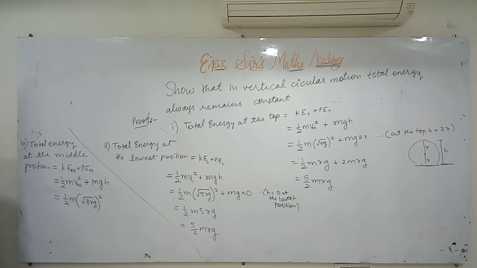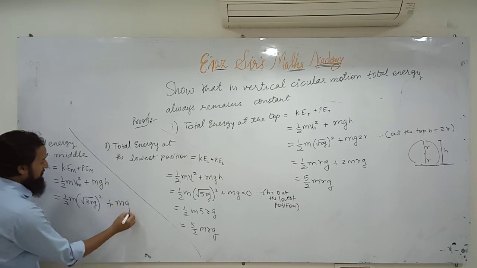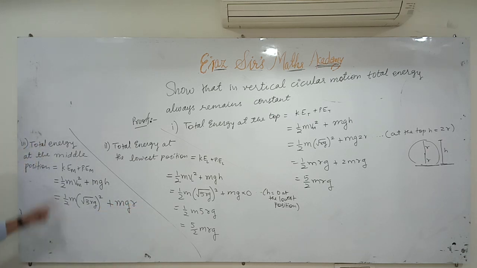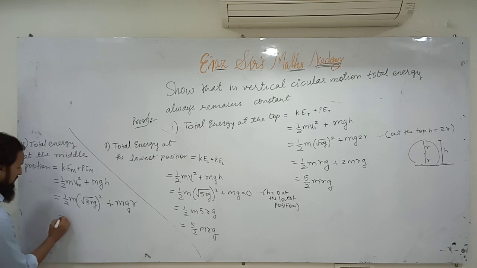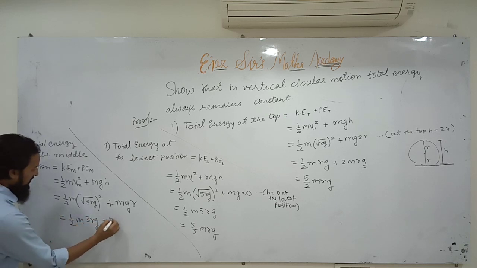We have derived it. It is root 3 Rg. At the middle position height is equal to radius, so mgh becomes mgR. See, in the old derivation we did it like this. So this is half m 3 Rg plus mRg.